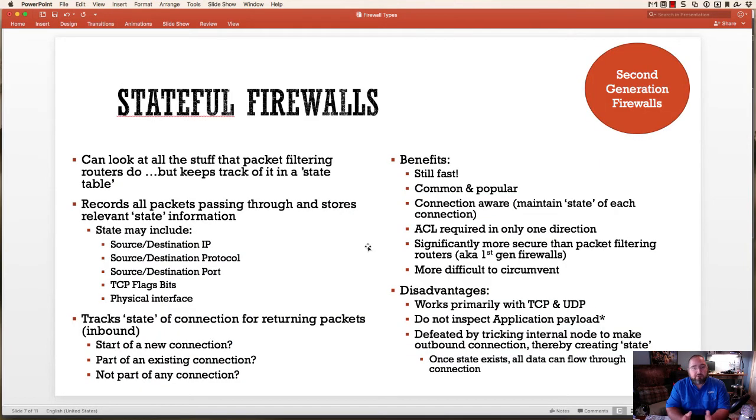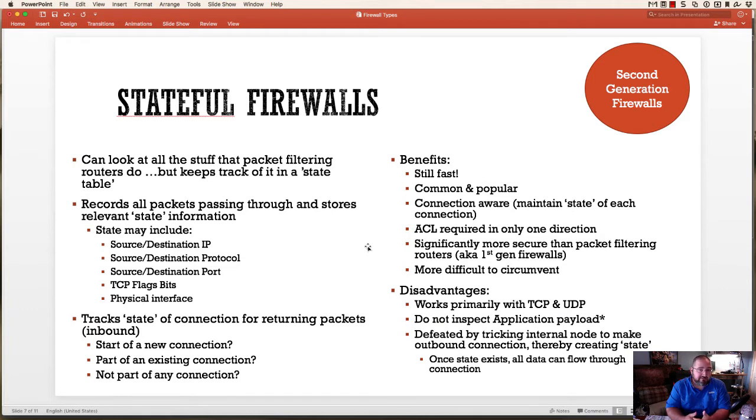Their rule sets are still comparatively limited in the same way that packet filtering firewalls are fairly limited. Stateful firewalls typically only look at, conceptually speaking, ports and protocols. They look at IP addresses, TCP, UDP ports, and things like that. They work particularly well with TCP, but they also work with UDP on top of that.